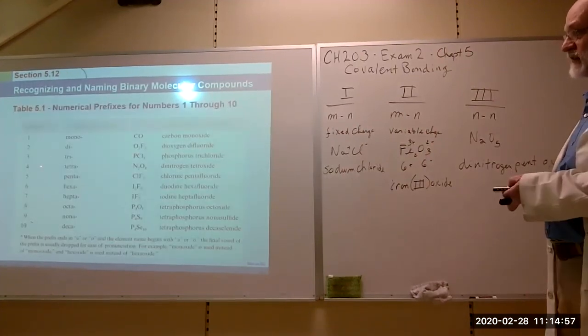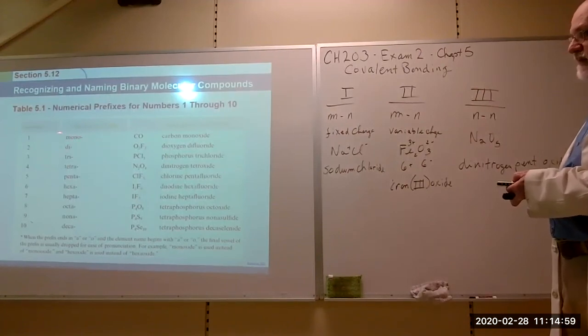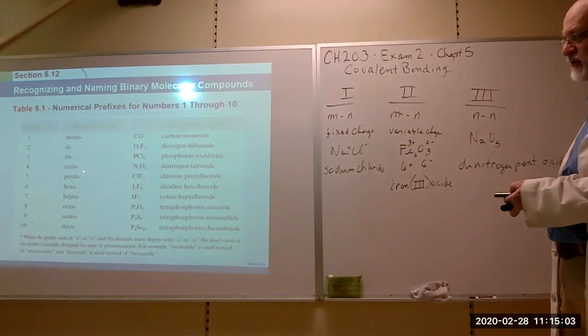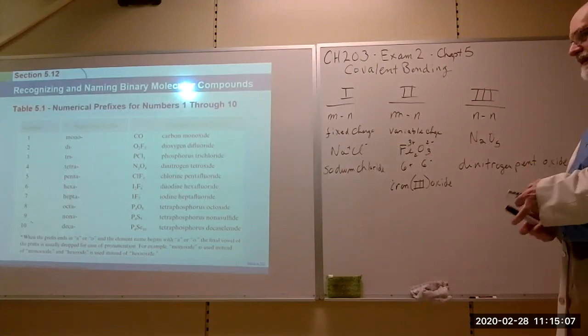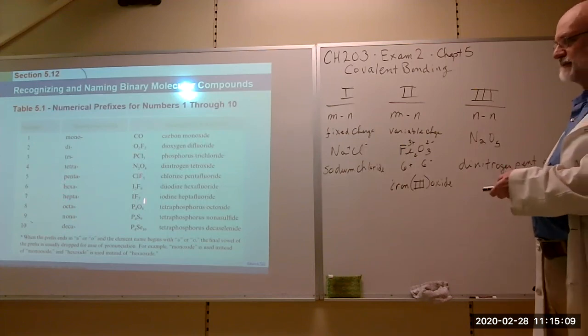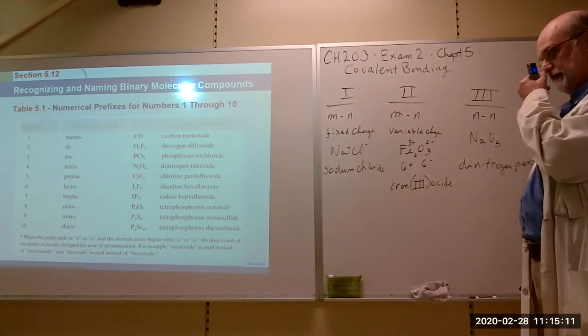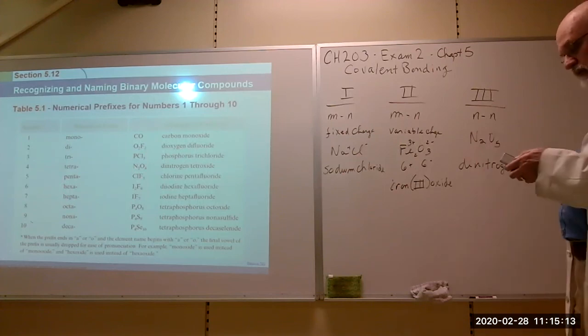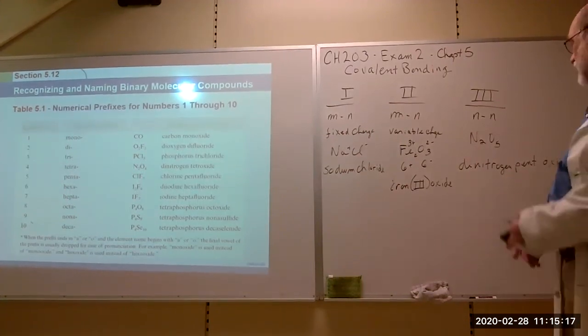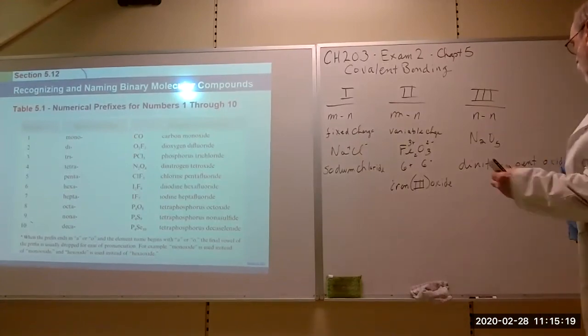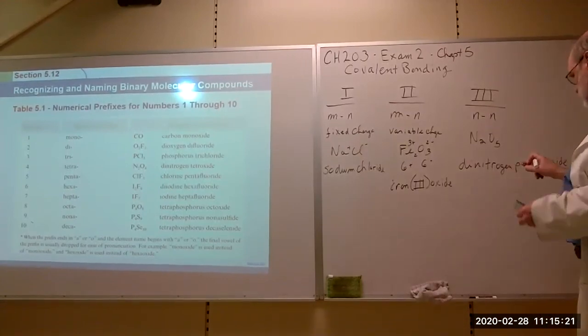Okay, there are the prefixes. So prefix for 1 is mono, di, tri, tetra, penta, hexa, hepta, octa, nona, and deca. And examples. You need to memorize those if you don't already know them. Now, one exception.